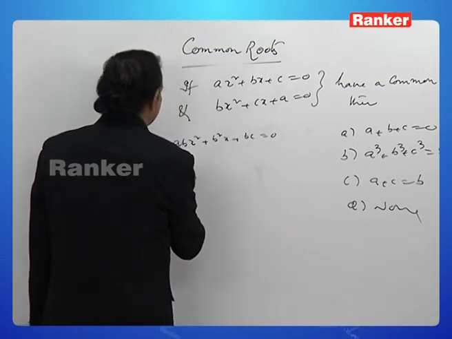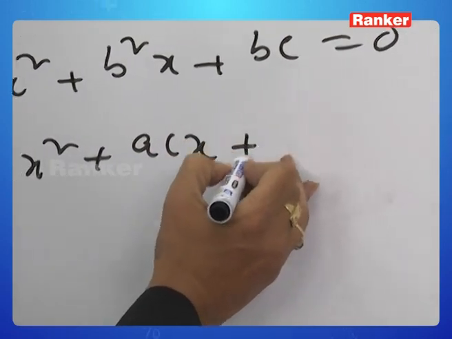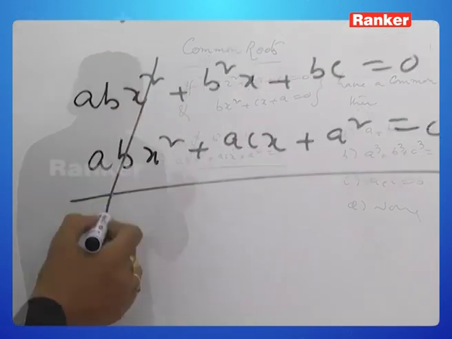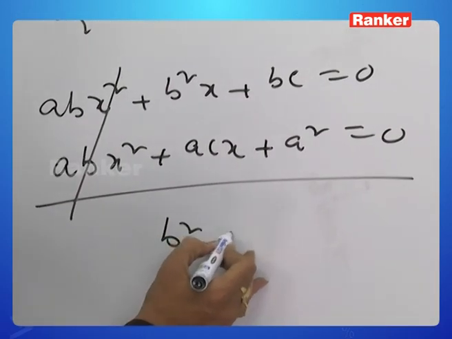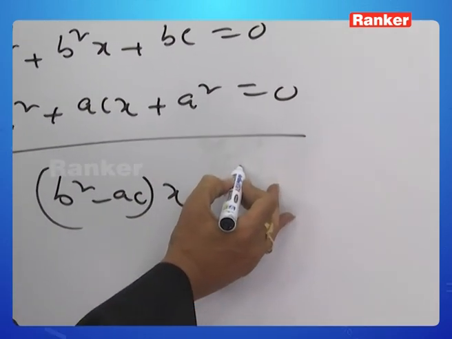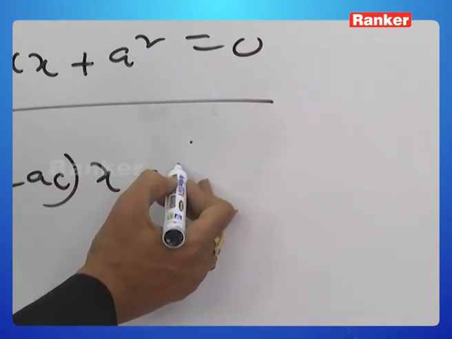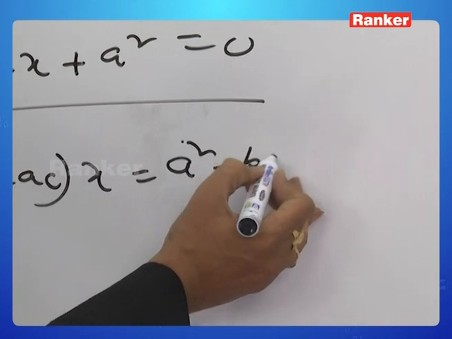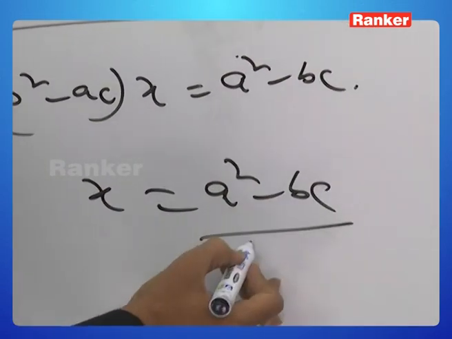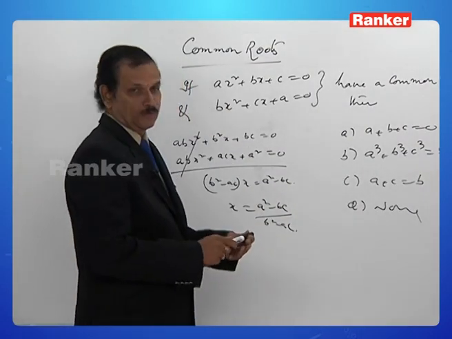Multiply it with a: abx square plus acx plus a square is equal to 0. Subtract here, this will be cancelled. B square minus AC into x is equal to A square minus BC. Therefore, x is equal to A square minus BC by B square minus AC.